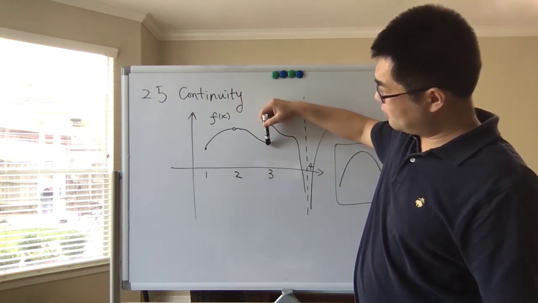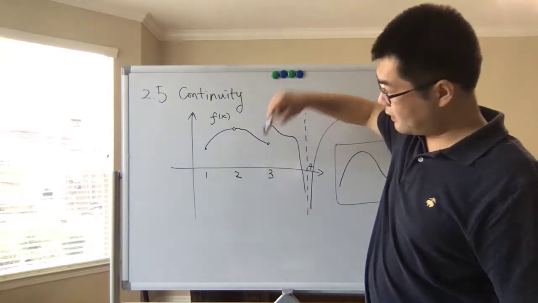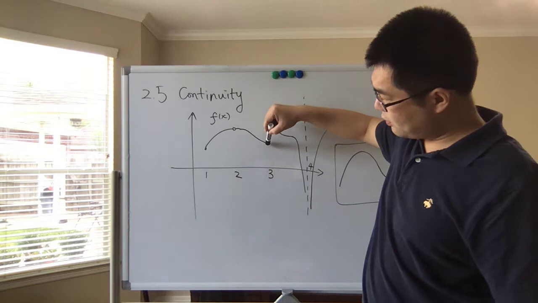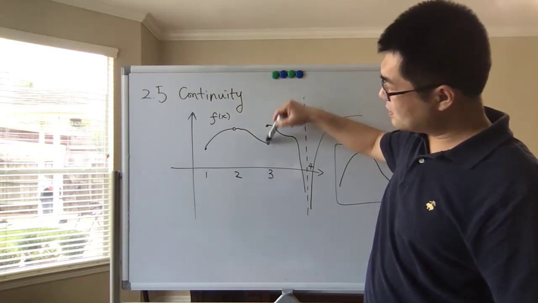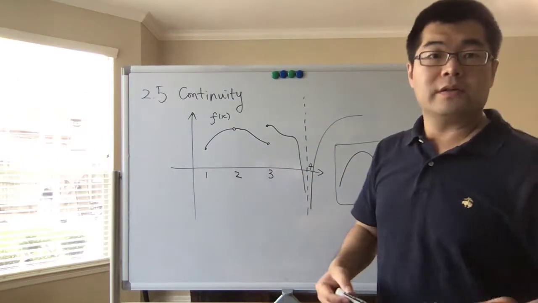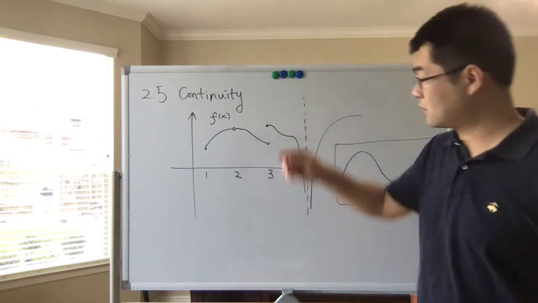At 3, do you see that from here there's a jump? So I have to lift my pen off the board and then draw to here. So at x equals 3, there is also a discontinuity. Now let's continue.